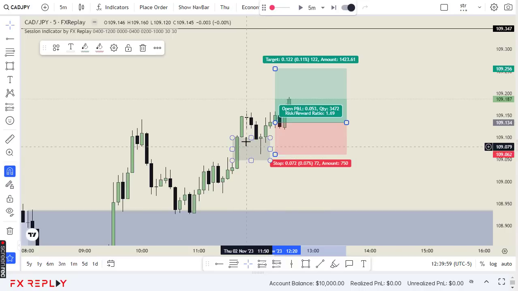Why is this an intermediate term low? Because it balances this fair value gap right here, and in a buy program we should not see an intermediate term low get violated, especially after a displacement to the upside, right?